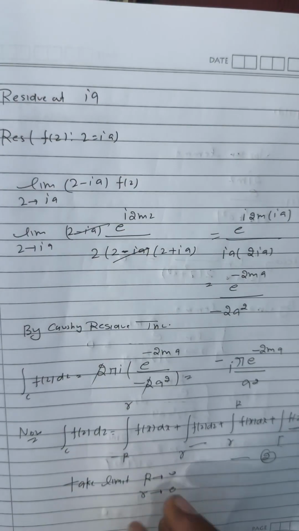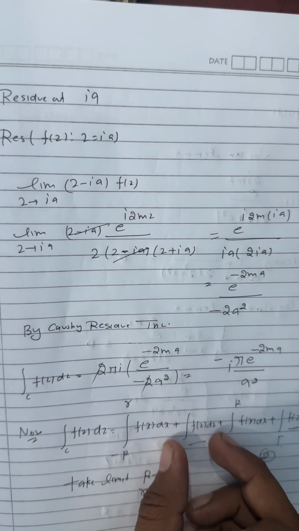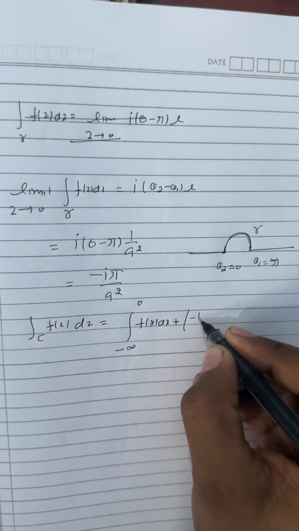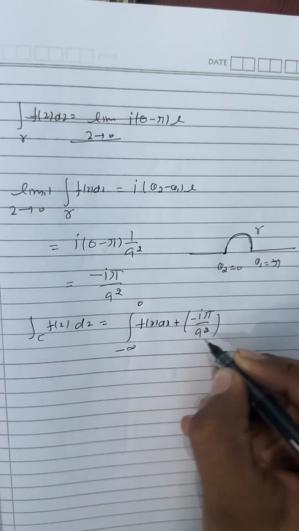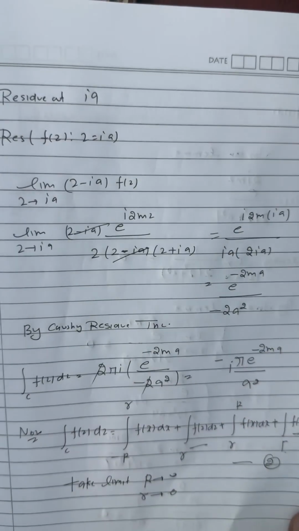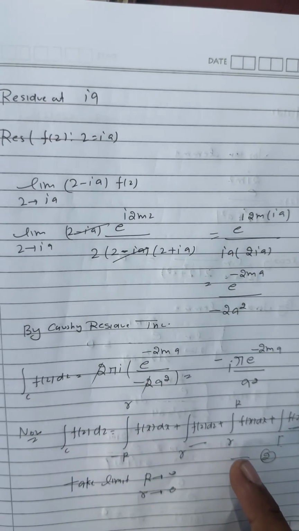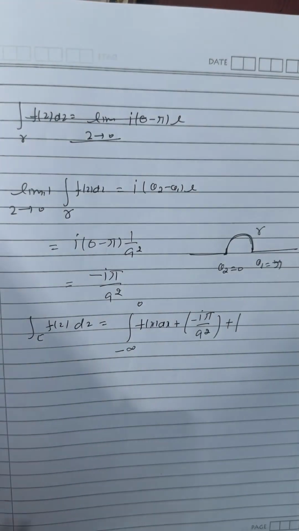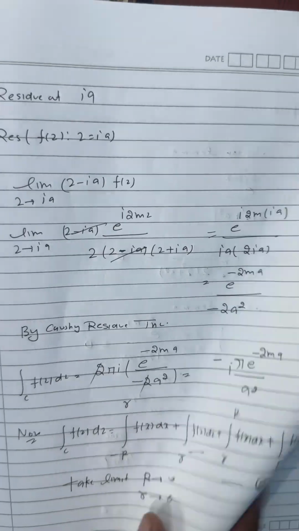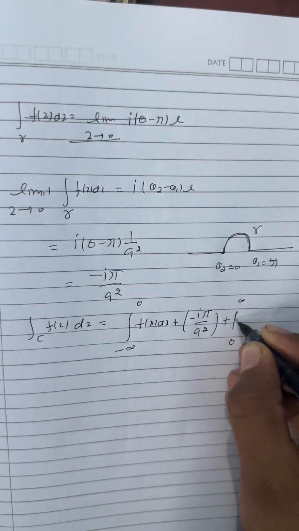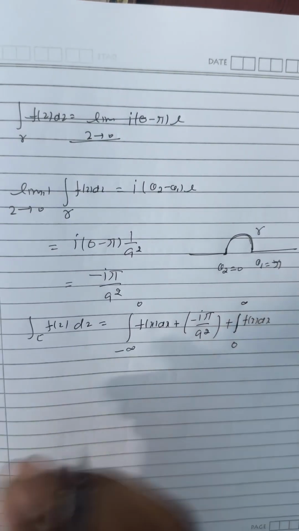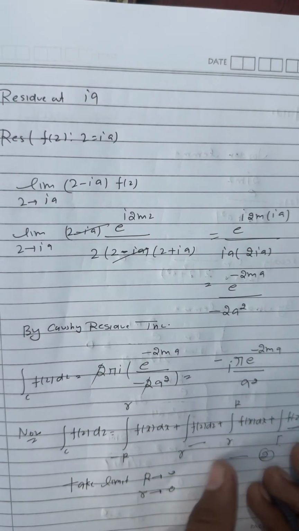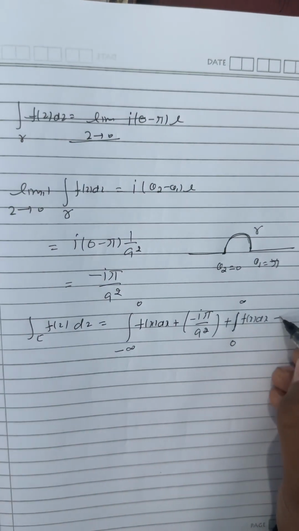When r is tending to 0, this number is going to be this one, so I'm going to write this instead of that integral. After that, in the next integral, the limits are from 0 to infinity, f of x dx. And what is the value of this? We have calculated it to be 0 by Jordan lemma.